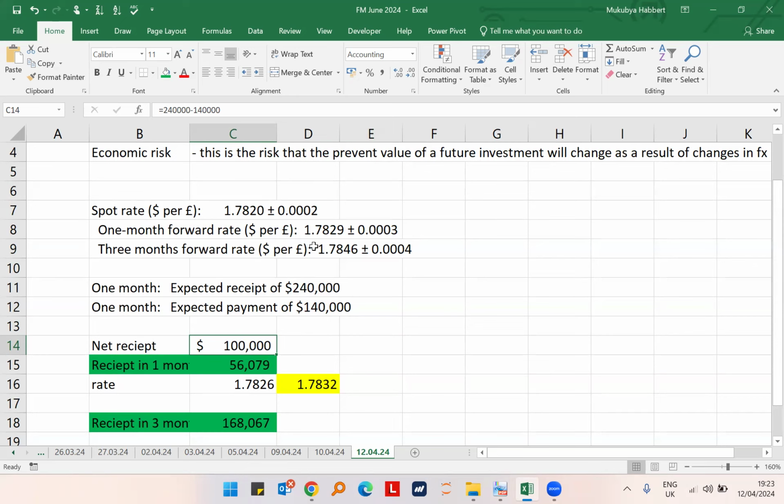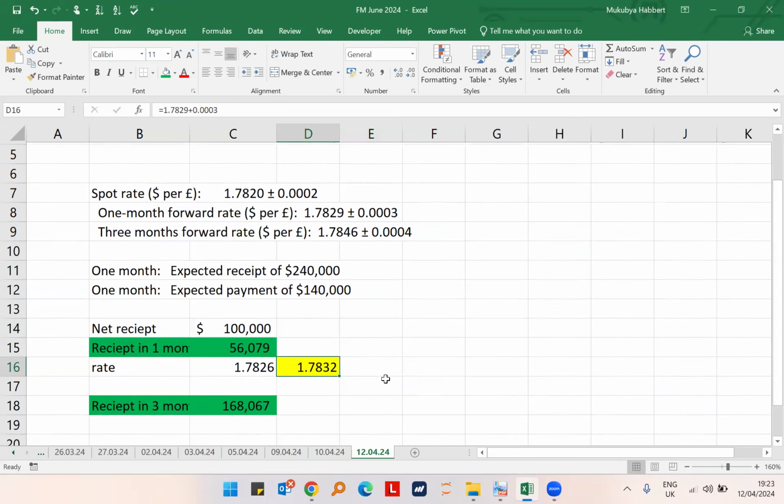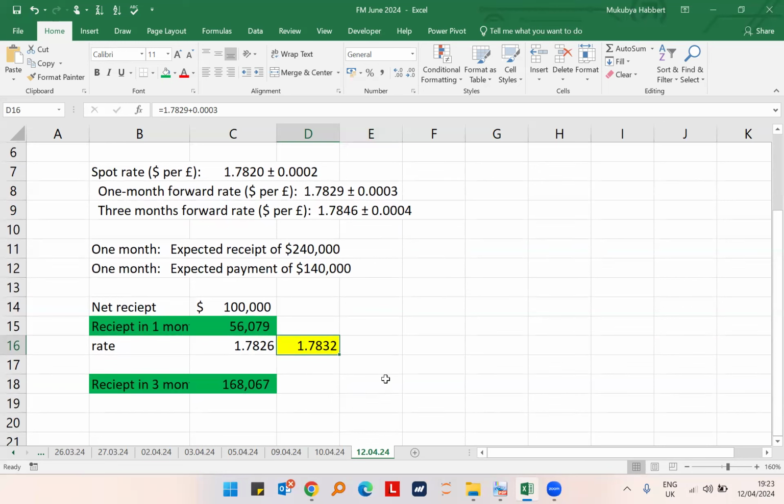The rates have been given to you as plus or minus. To get the buy rate, you subtract. To get the sell rate, you add. Since we are going to receive dollars and want to convert them to pounds, we have to buy pounds, and the bank sells us at 1.7832. So you divide 100,000 by 1.7832 for the receipt in 1 month.